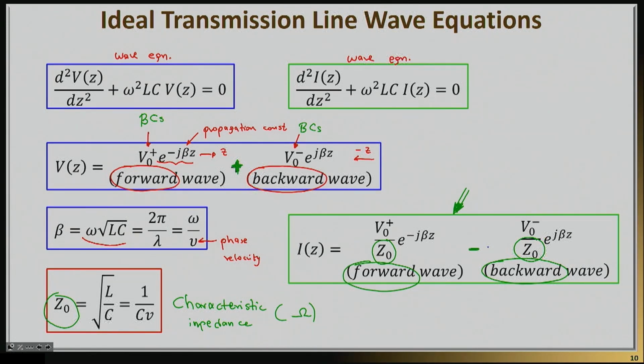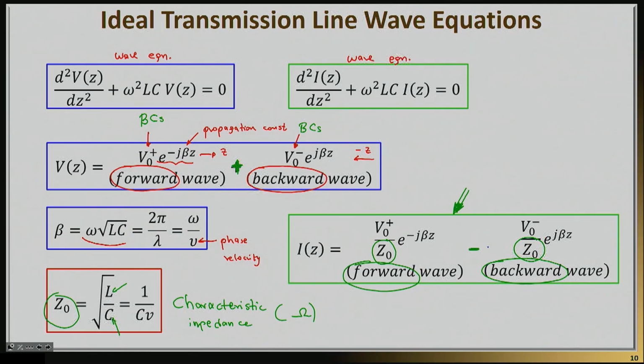So what is the characteristic impedance of a transmission line? It is nothing else but the ratio of the voltage over the current for the forward wave, or the negative ratio of the voltage over the current for the backward wave. It's a real number, with a value of square root of L over C, meaning inductance per unit length divided by capacitance per unit length, and it has units of ohms.